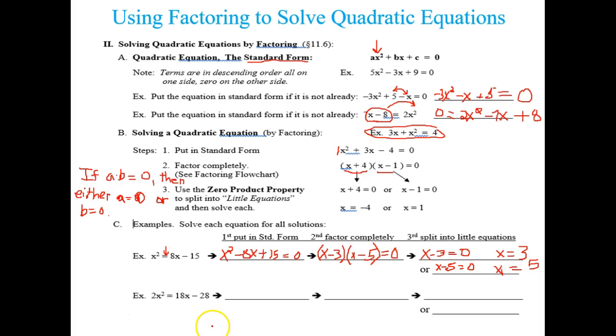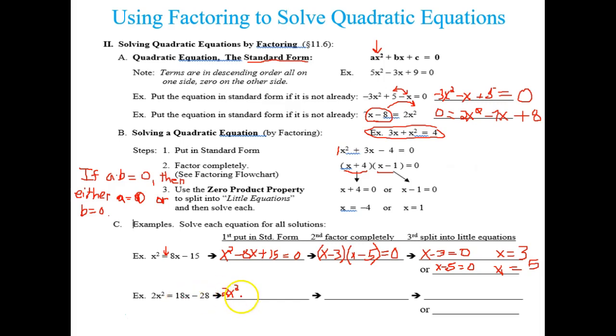All right, and next example, first step, get it into standard form. So I'm going to move the terms on the right side over to the left. I'll have the 2x squared on the left side to begin with. That's staying where it was.